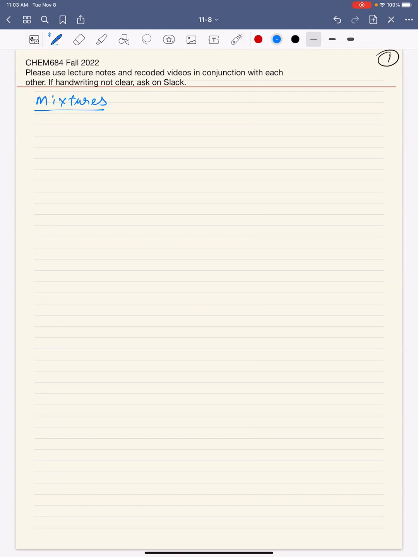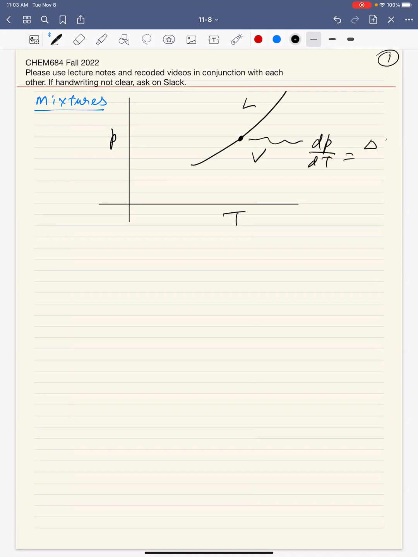And we saw an example of this last time when we characterized a phase boundary. When you have a pressure-temperature plot and you have some phase boundary, where this is liquid and this is vapor, we characterize the slope at any given point as dP by dT is equal to delta S by delta V. This was our Clapeyron equation.